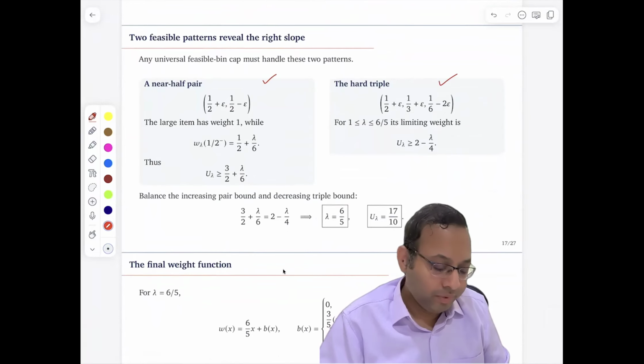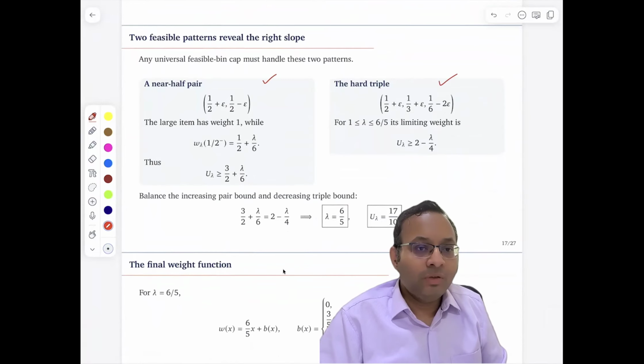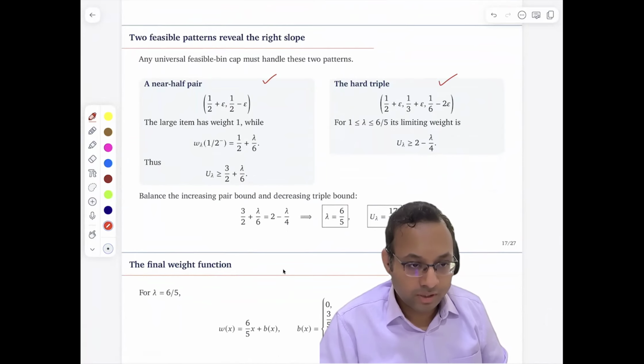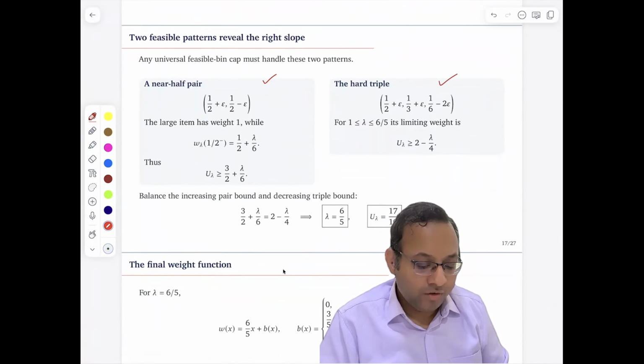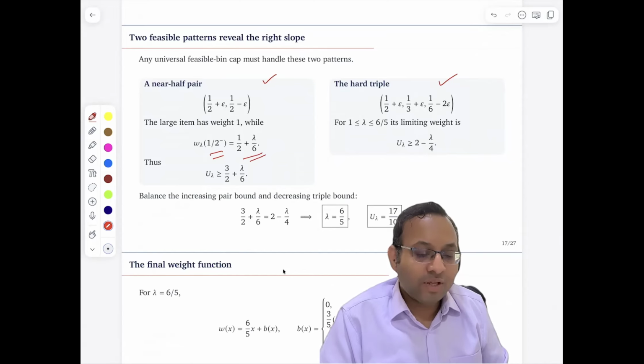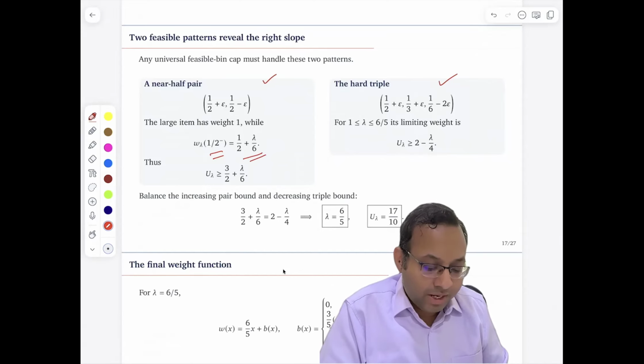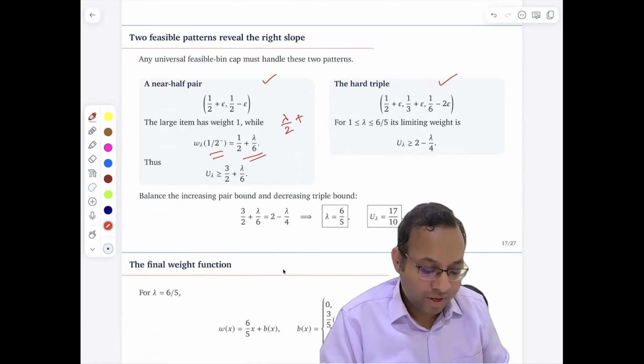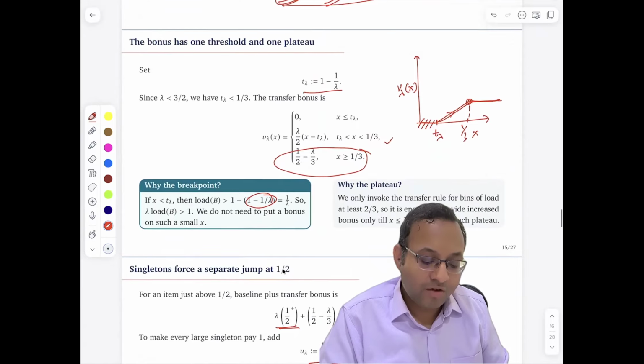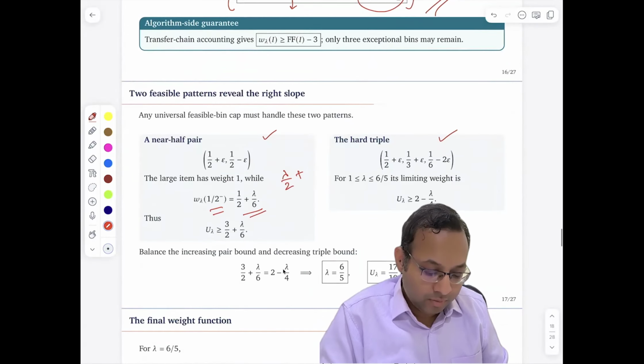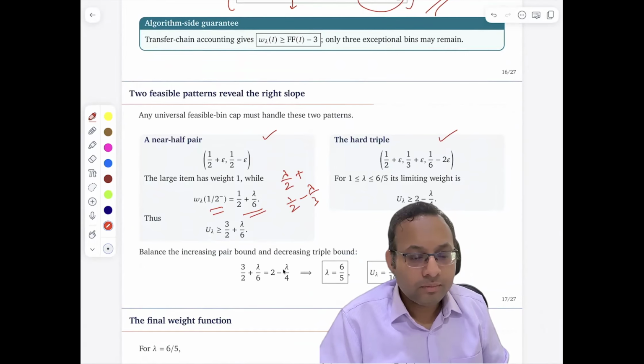One option is we can add a half minus epsilon. Then the total value we get is half plus lambda by 6. We get lambda by 2 from the regular weight, lambda times half. And then from the function, we get half minus lambda by 3 here. So plus half minus lambda by 3, that gives us this function.